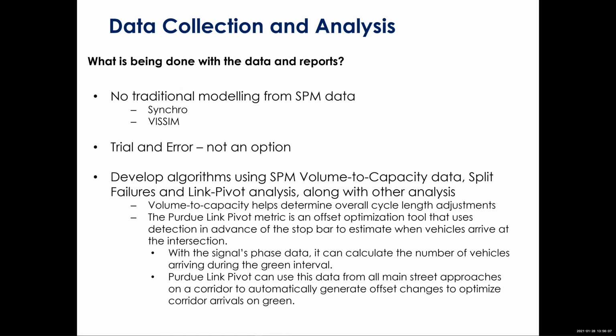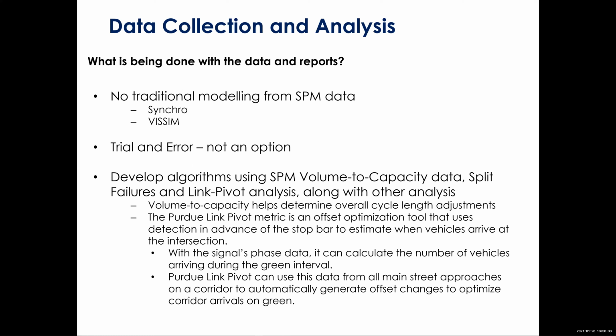One of the nice things about this is there's no more traditional modeling from SPM data. Just because we don't gather the volume and occupancy data from each intersection, it's impossible to export that to Synchro or Visum and get a model created for an intersection or for an arterial for that matter.